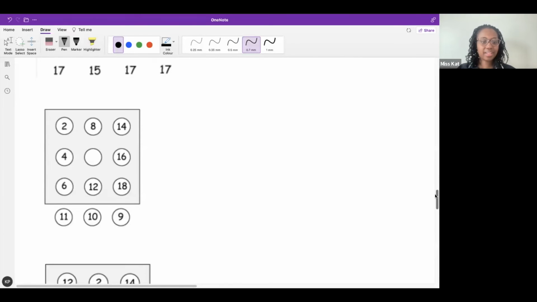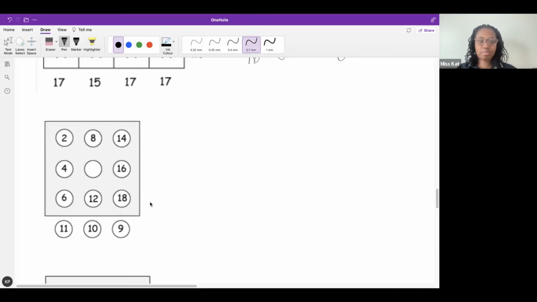Okay. Now I need to know what number fits in here and why you choose that number. Which number fits there? Okay, Sahan says 10.